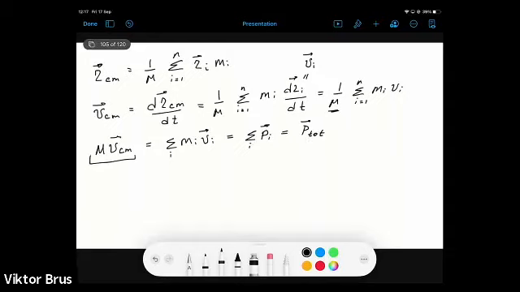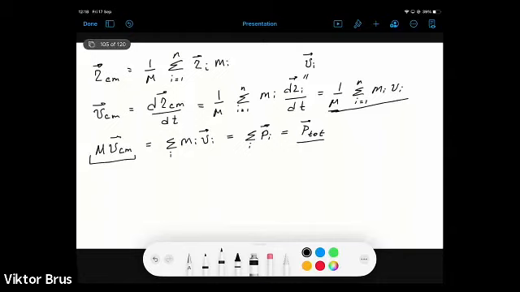So this product of the total mass and the velocity vector of the center of mass gives us the total linear momentum of the whole system, which is quite convenient. It means that instead of calculating for, I don't know, an unlimited number of bodies and summing them up, if we know the center of mass and total mass of the system, the product gives us the total linear momentum vector. That is very useful.